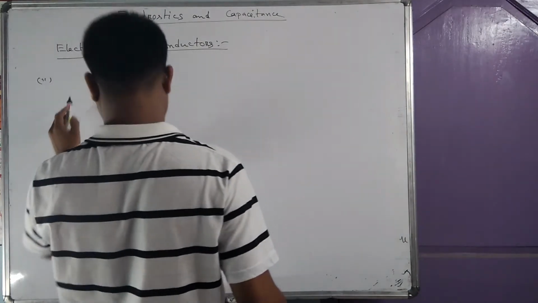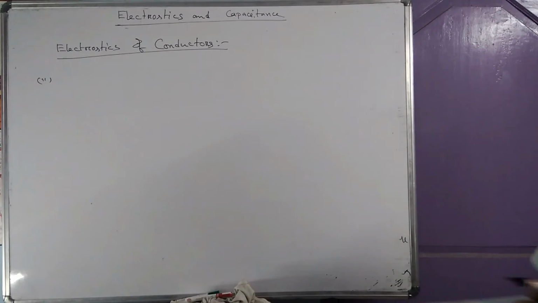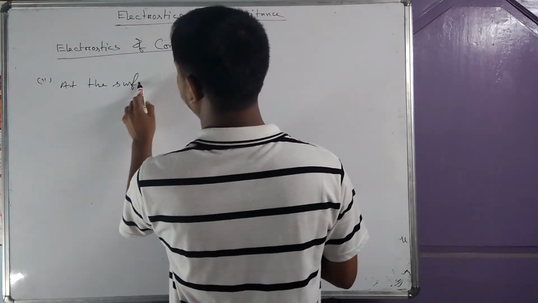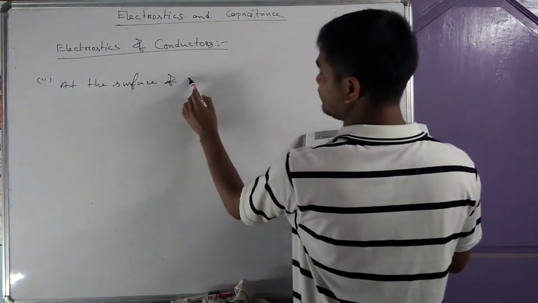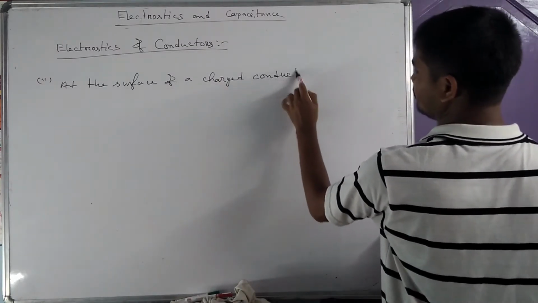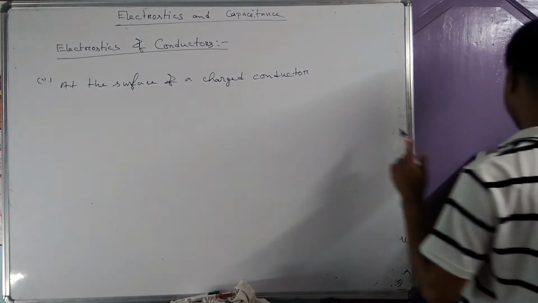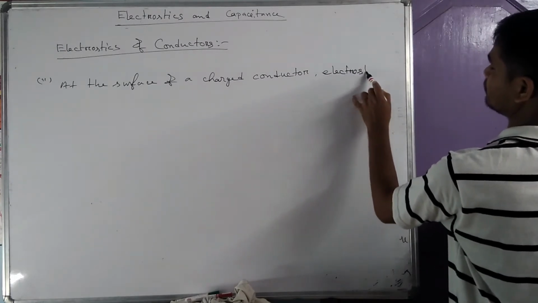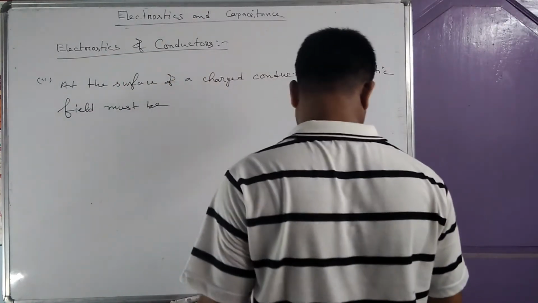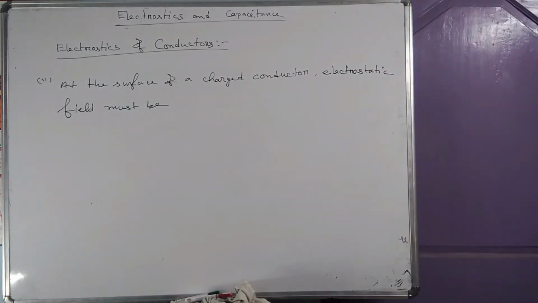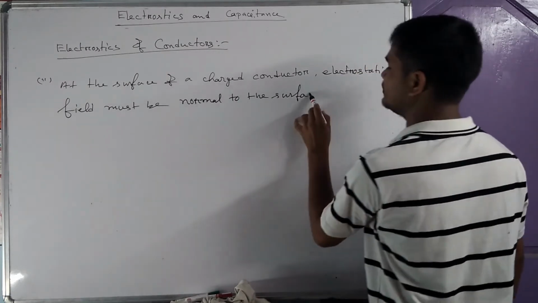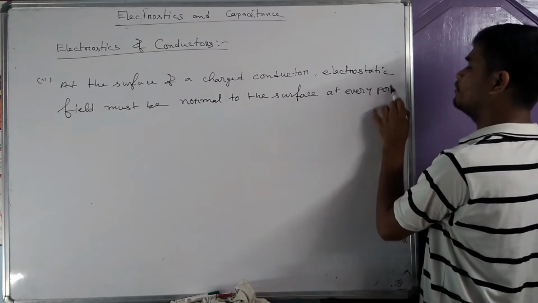Number two, there is a point in the book: at the surface of a charged conductor, electrostatic field must be normal to the surface at every point.